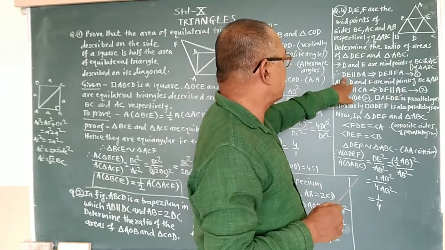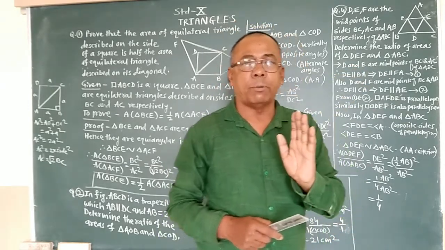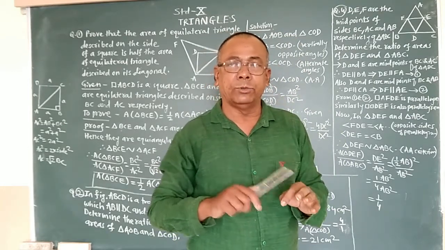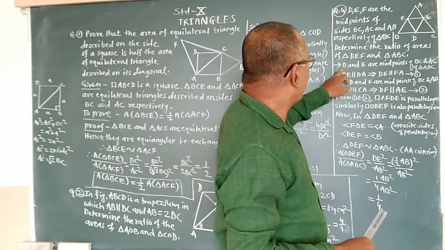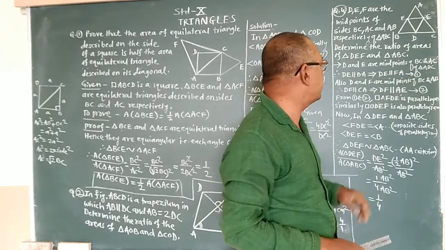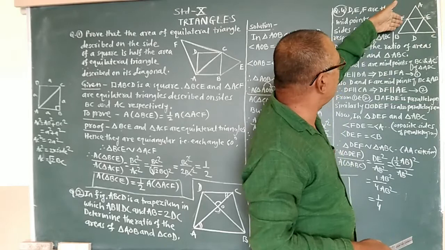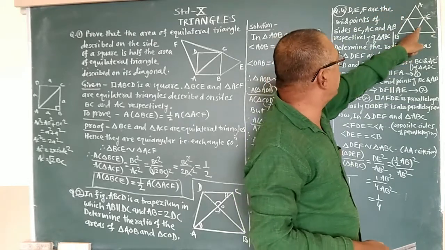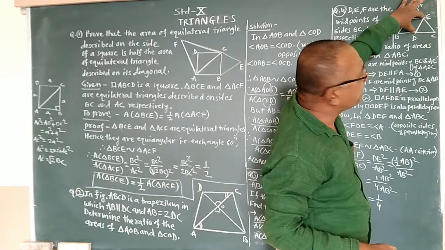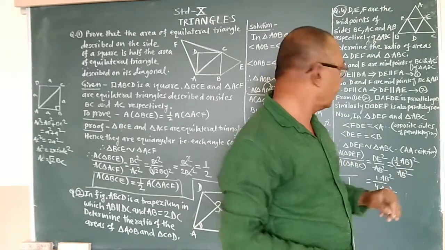Here D and E are the midpoints of BC and AC of triangle ABC, and therefore DE is parallel to AB, because the line segment passing through the midpoints of two sides is parallel to the third side.